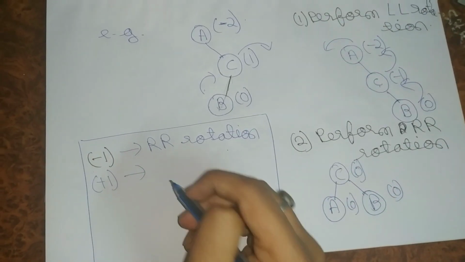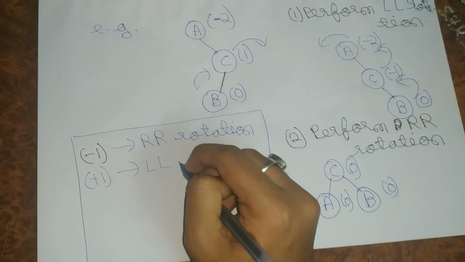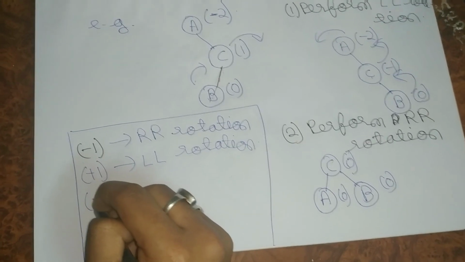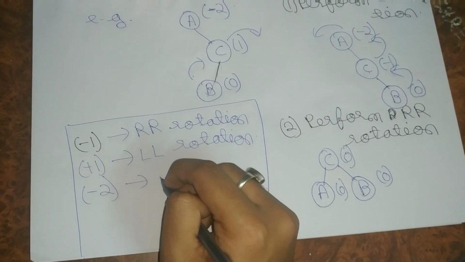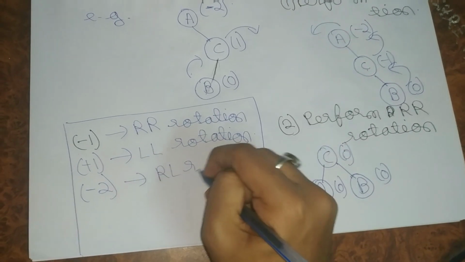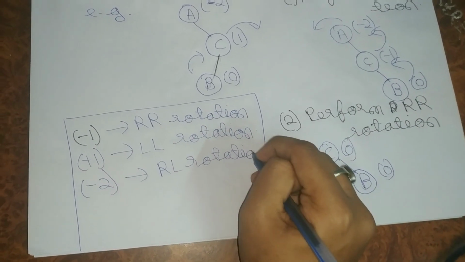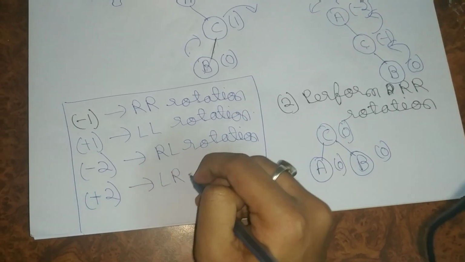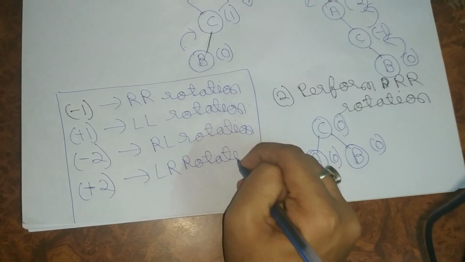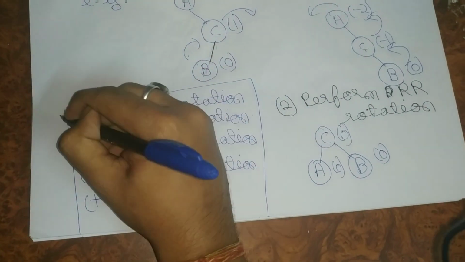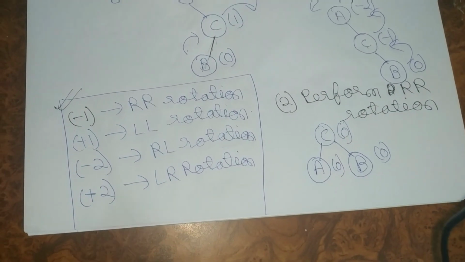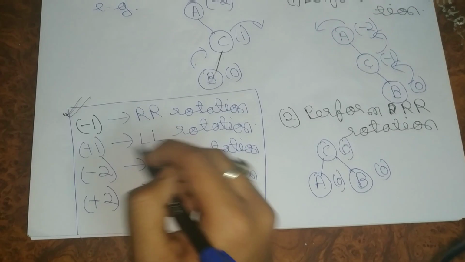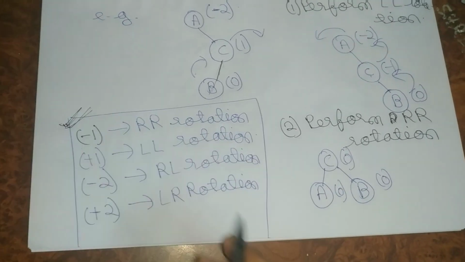If it is +1, then it will be LL rotation. And if it is -2, then it will be RL rotation. And if the balance factor is +2, it will become LR rotation. So guys, we have to remember this technique. When you are solving this type of tree, you have a rotation technique. When you are going to solve the rotation, you have to remember this table.